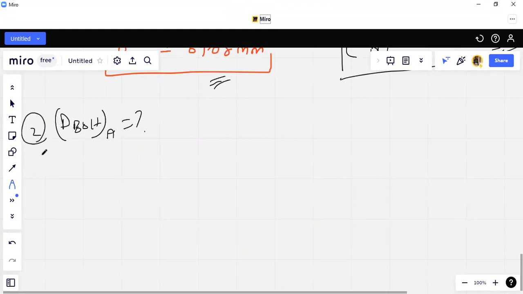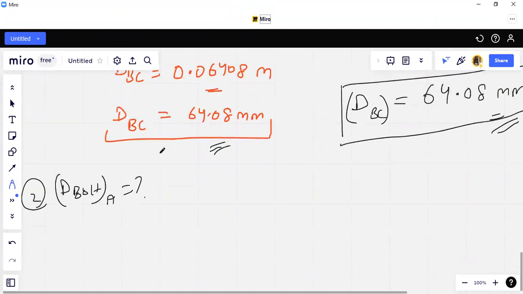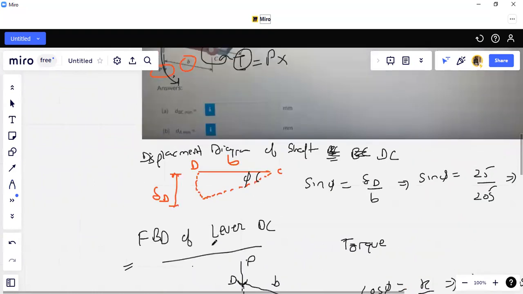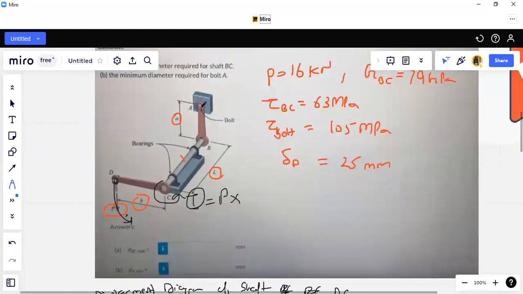For this, we are going to check our diagram to see how we can calculate this. We have to calculate the diameter at this point. The torque in this will cause a force in this. We have the data that is torque at bolt given.